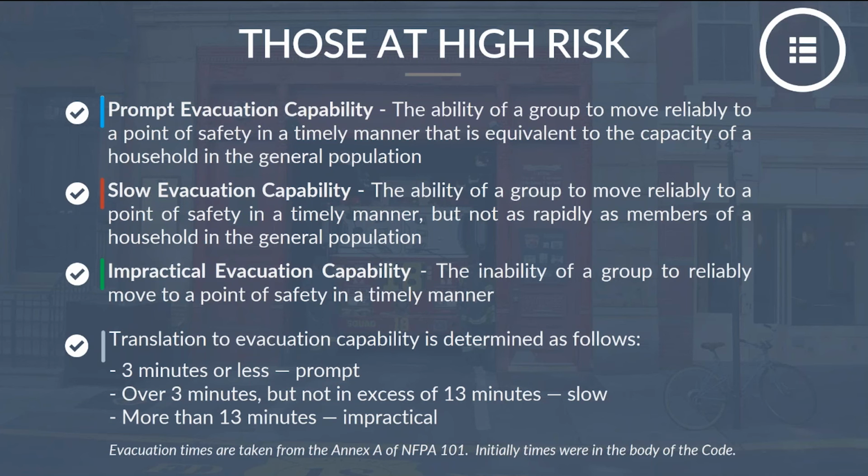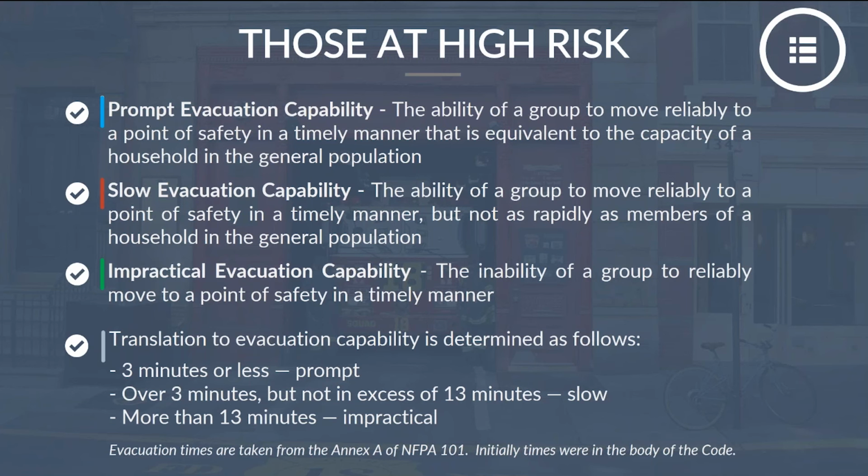They are capable of self-preservation. We step one point down to what would be considered slow evacuation capability. This is the ability to move reliably to a point of safety in a timely manner, but not as rapidly as members of a household of the general population.